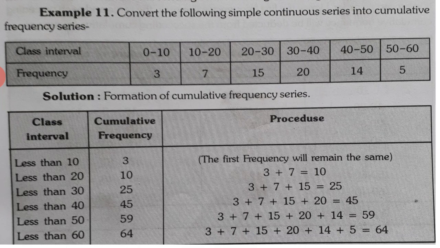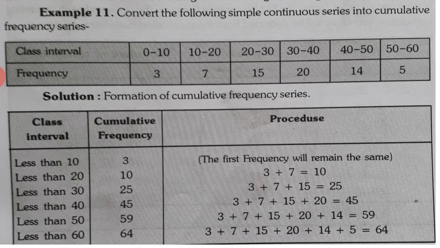Now frequencies are given: 3, 7, 15, 20, 14 and 5. The cumulative frequency of the first class interval is the same as the frequency of the given class interval, that is 3. To find the cumulative frequency for the successive class interval, we need to add the frequency of the preceding class.